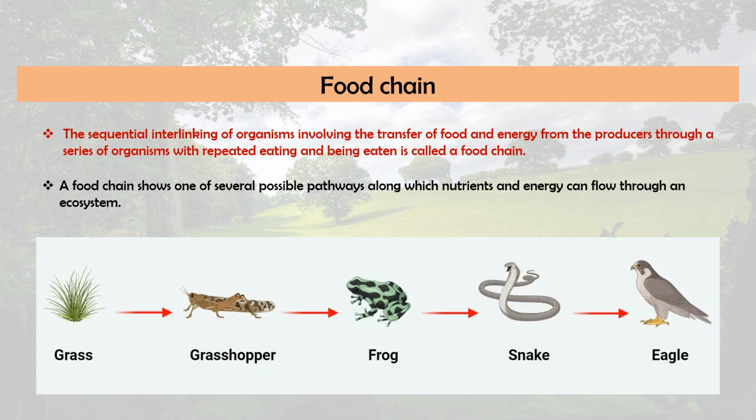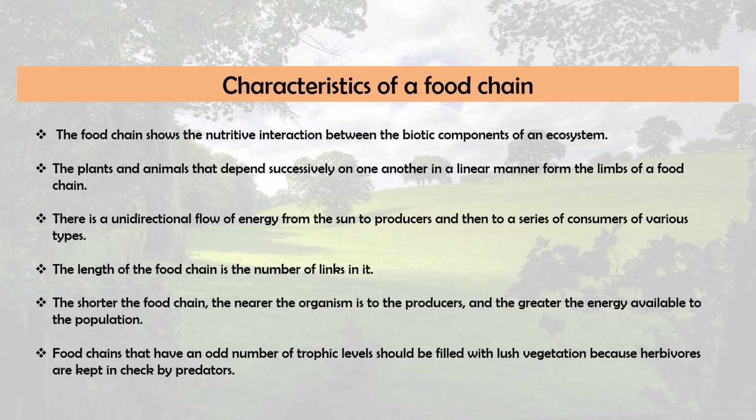So in the food chain, due to this factor, there is a balance of energy in each and every step of this process. Now we are going to know about some characteristics of a food chain.